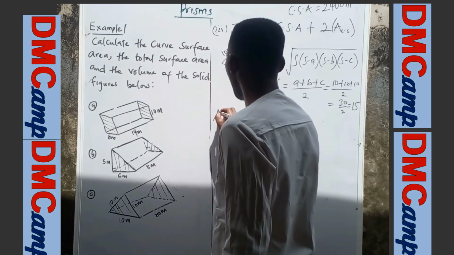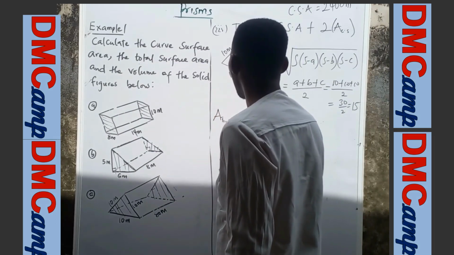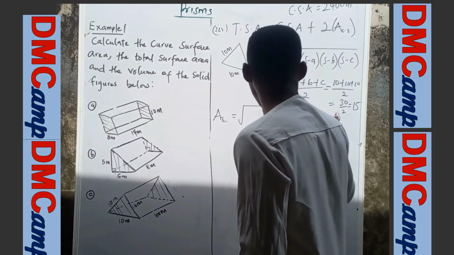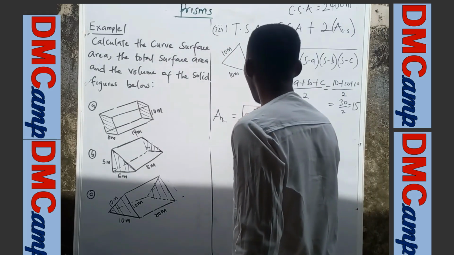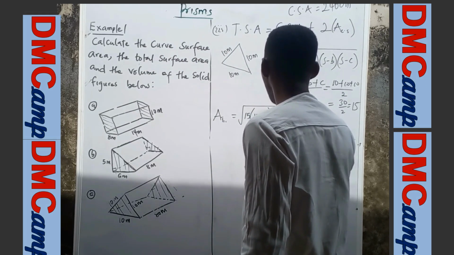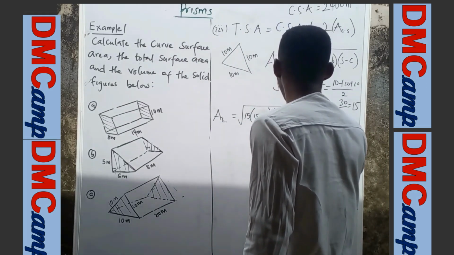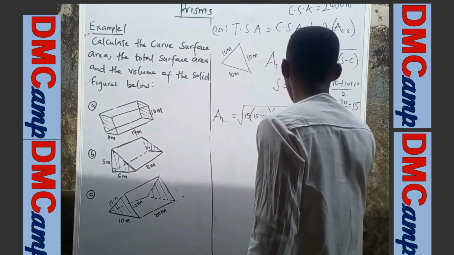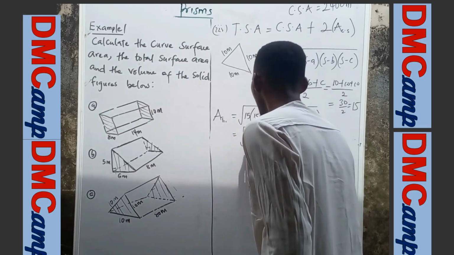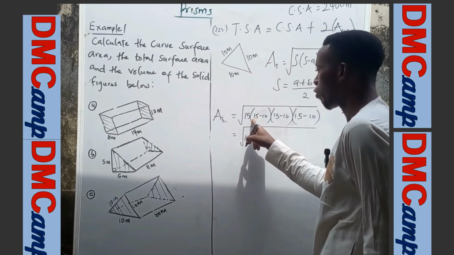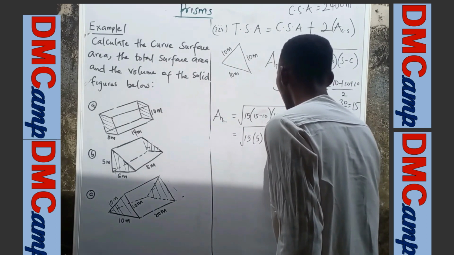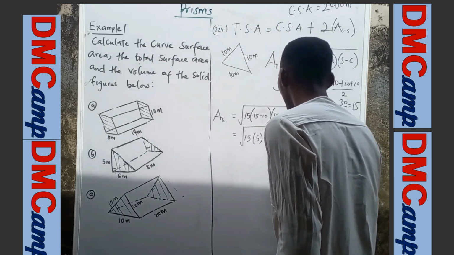So the area for the triangle, now S is 15. Square root of 15, open bracket, 15 minus 10, 15 minus 10, 15 minus 10. 15 minus 10 is 5, 5 again, 5.